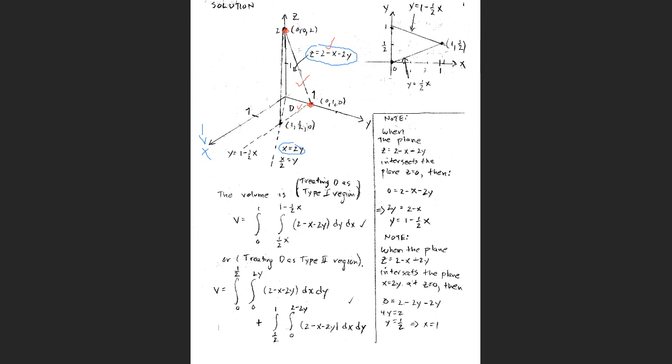This is the x-axis. In the xy plane, this vertical plane x equals 2y, or you could think of it as y equals x over 2, is going to intersect the xy plane along the line y equals x over 2, and that's what I drew right here, y equals x over 2.